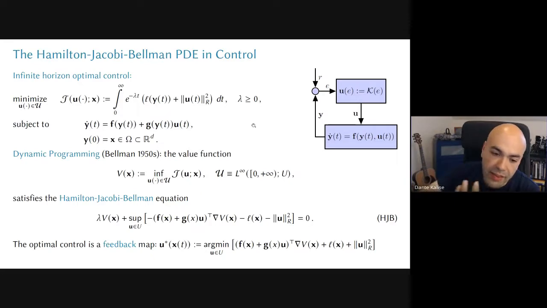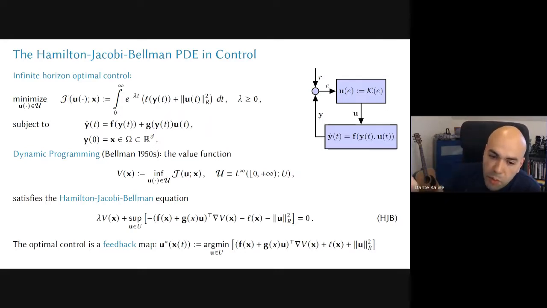That's called stabilization, and the natural way to cast it is by writing an infinite horizon cost here in time, a performance measure that measures the difference of the state, y minus y bar, where y bar is the reference temperature that I want to achieve. And of course, I'm paying a price for acting over the system. So I have a quadratic penalty here of the control energy that I'm spending to stabilize the system. So this is an optimization problem.